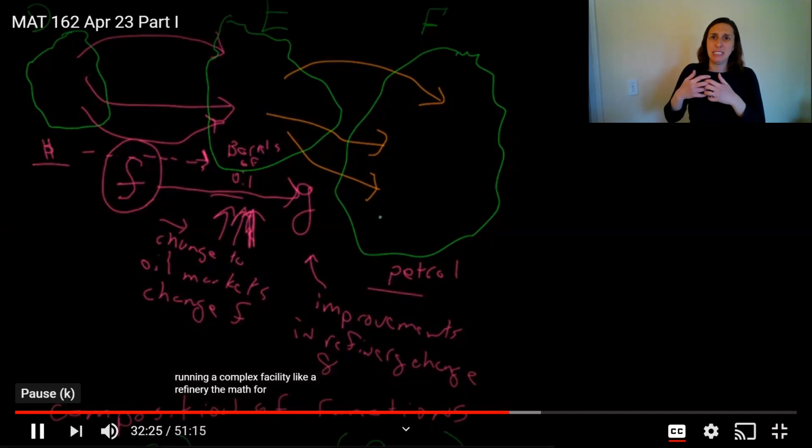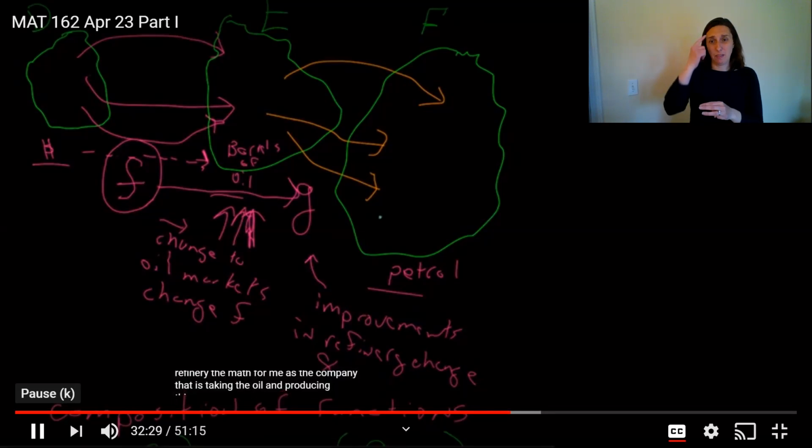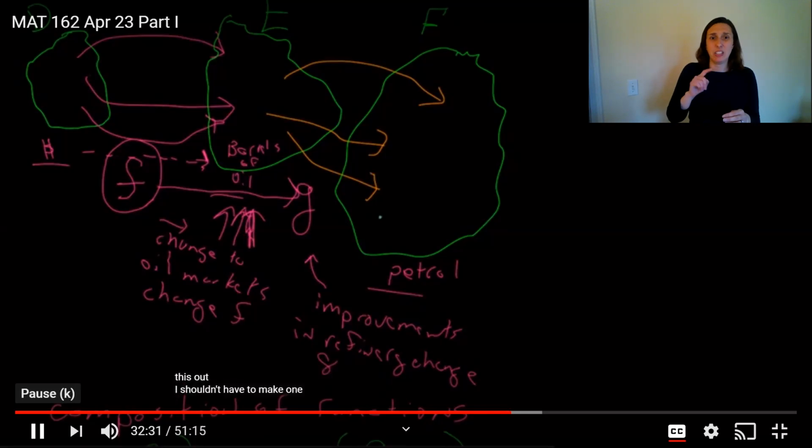The math for me, as the company that is taking the oil and producing this out, I shouldn't have to make one equation that's keeping track of those two things separately. I would constantly need to bring the two teams together into one room and say, we need to figure out how much petroleum we can get for how much money we're spending as the markets change with the refining process. It's better to focus on the rules for the thing you have and combine the input of output from them.